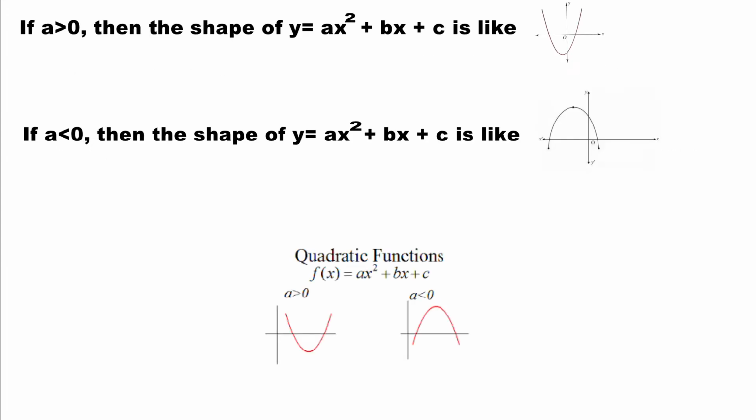If a is greater than 0, then the shape of y is equal to ax square plus bx plus c is like this. And if a is less than 0, then the shape of y is equal to ax square plus bx plus c is like this.